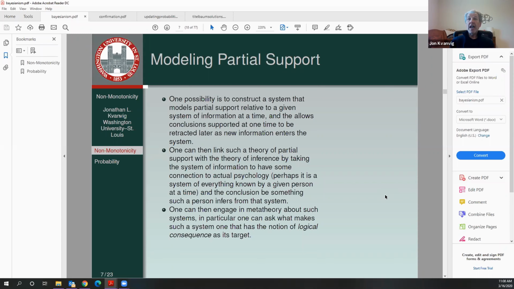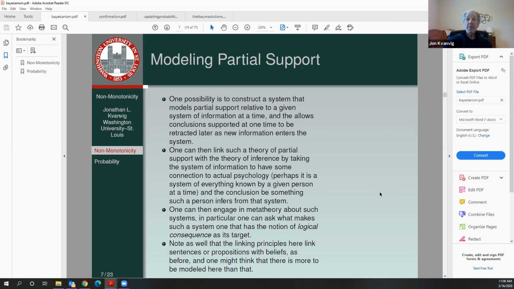In particular, you can ask what makes such a system a logical system, one that has the notion of logical consequence as its target. Note as well that the linking principles here link sentences or propositions with beliefs as before, and you might think that there's more to be modeled here than that. I gave some hints. You could talk about common knowledge, group knowledge, community knowledge, community belief. You could also talk about degrees of belief, how strongly a person believes one thing rather than another.